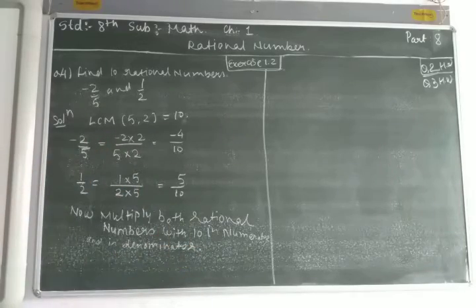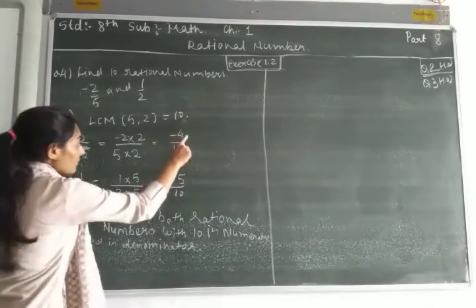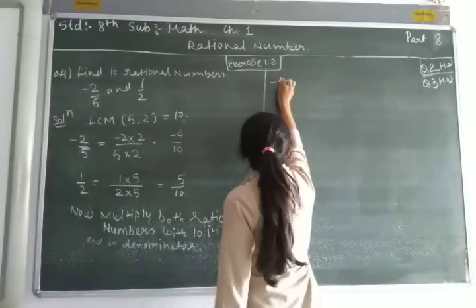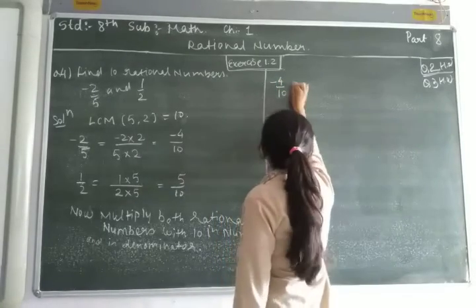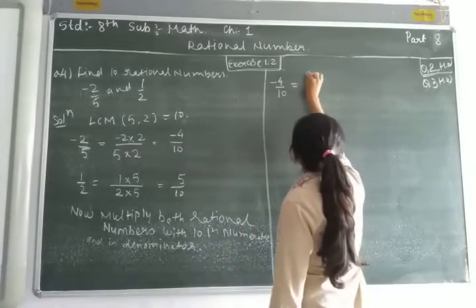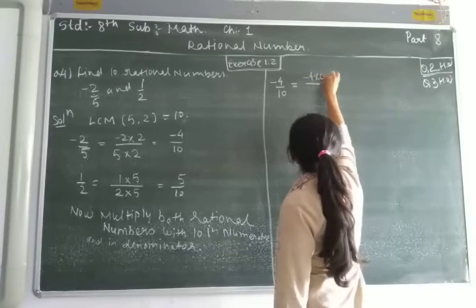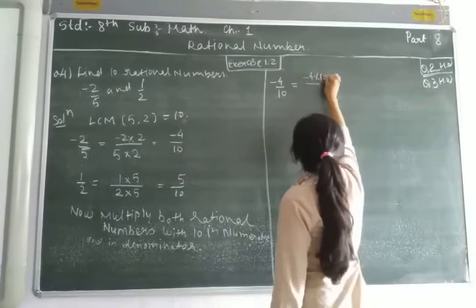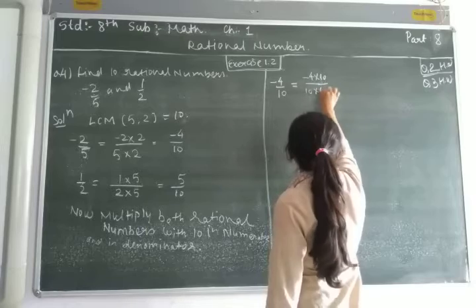So take this one, minus 4 by 10. Now multiply with 10 in numerator and 10 in denominator.